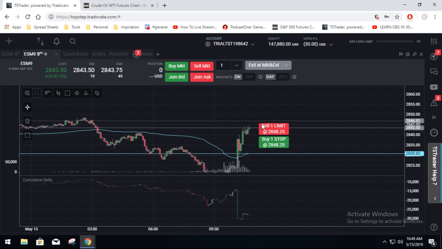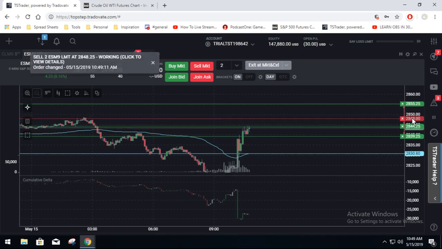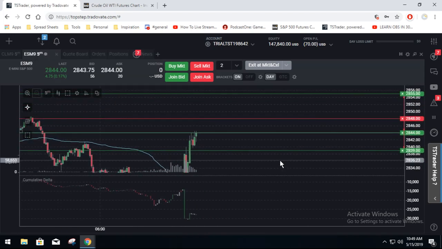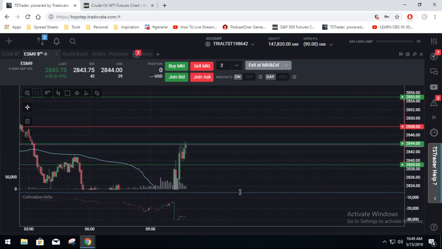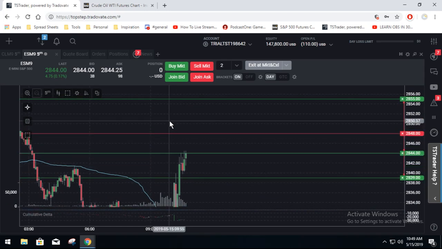I'll put one at settle, two contracts at 48. So it's managing your aggression on how you want to trade. I trade in the ES on exactly specific levels because of how much one contract by one tick is worth.